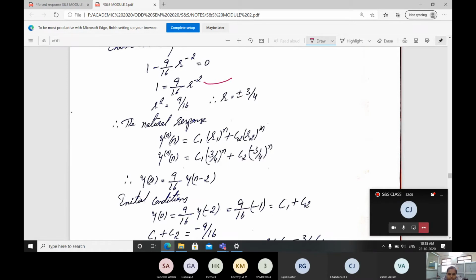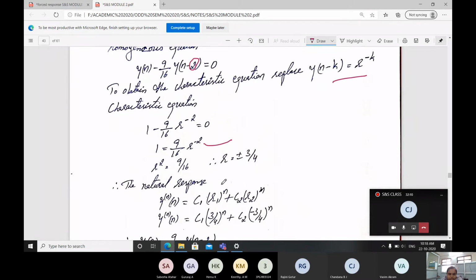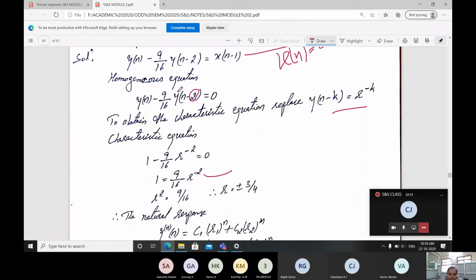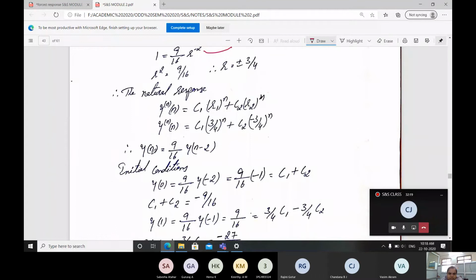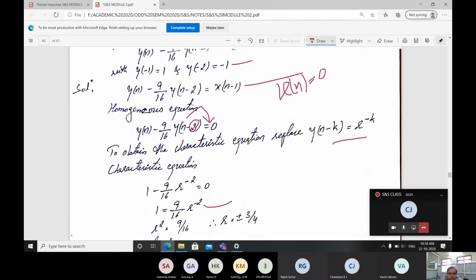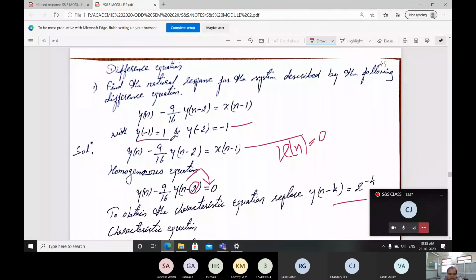Therefore, from this equation, if I shift 9 by 16 to the right-hand side, y of n is equal to 9 by 16 y of n minus 2. Next, what they have given us is y of minus 1 and y of minus 2.